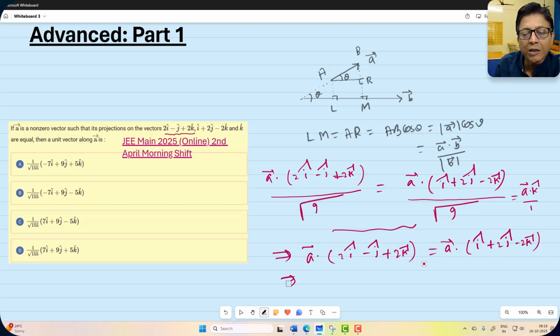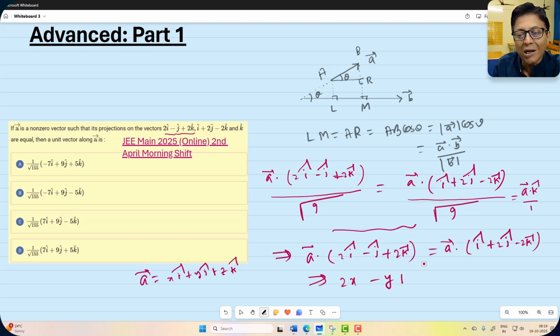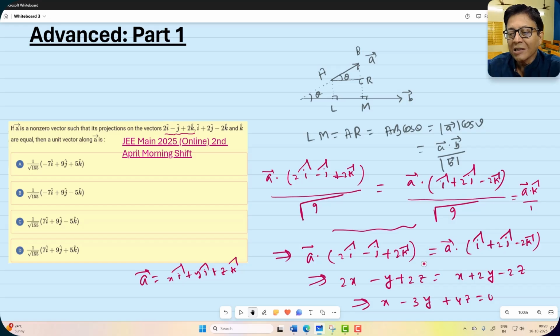If we stick to dot product, then let A vector equal to xi plus yj plus zk. Substituting there, it is going to be 2x minus y plus 2z equal to x plus 2y minus 2z. This is nothing but x minus 3y plus 4z equal to 0. Okay? This is number 1.